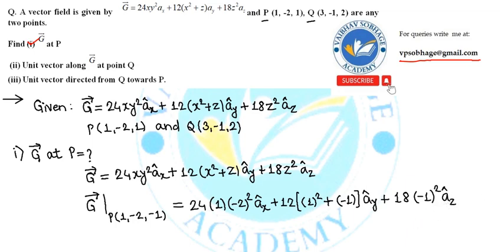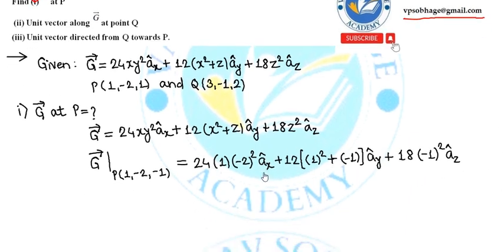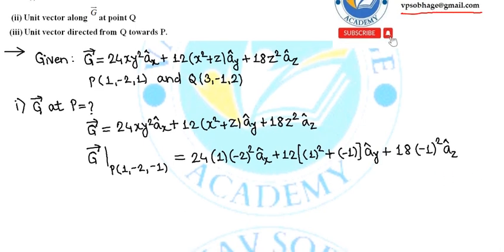Now simply we just have to solve this one so that you will get the vector g at given point P. If you simplify that one, the answer will be: very first term will be 96 ax cap plus it will be 12 ay cap. You can re-verify it.